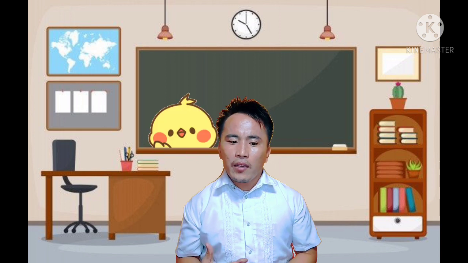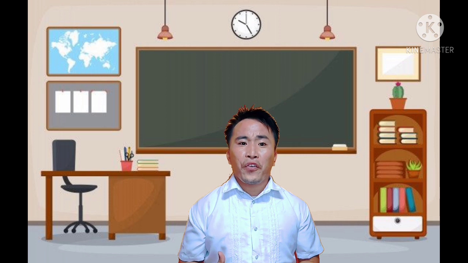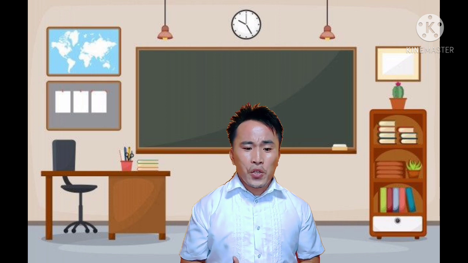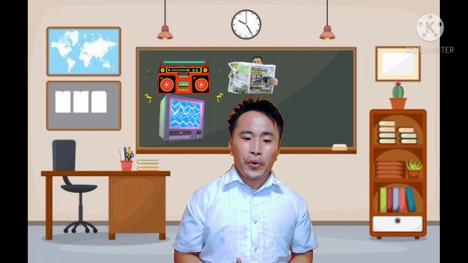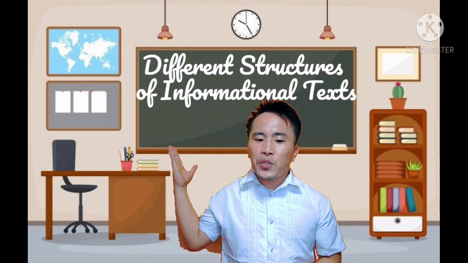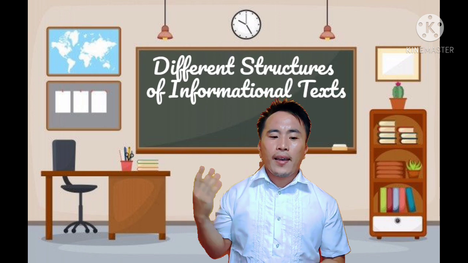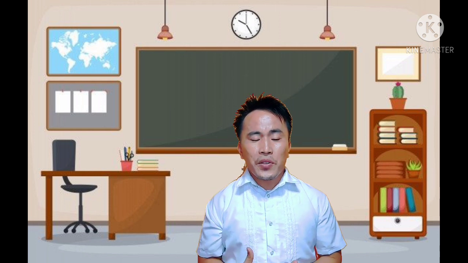Kids, let me ask you, where do you usually get information? Very good. We get information from the radio, television, newspaper, magazine, and books. Today, we are going to discuss the different structures of informational text. We have 5 structures of informational text.